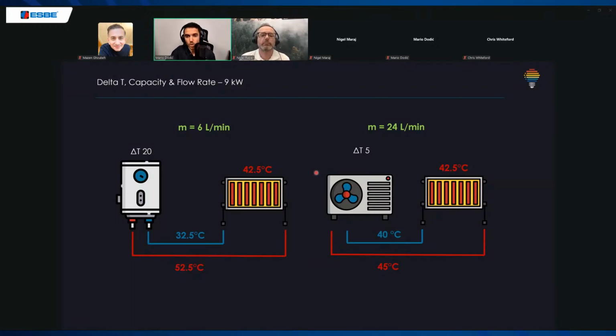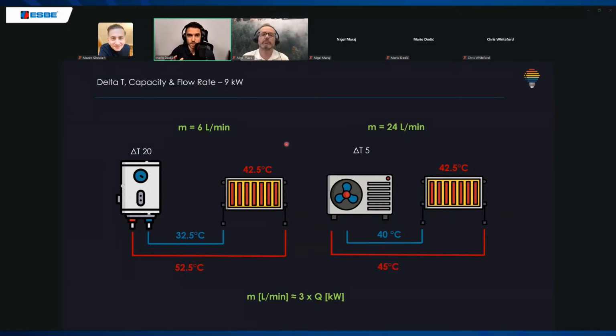And to not go deep into formulas, here is a quick formula for delta T5 and heat pumps. If you want to calculate your flow rate in liters per minute, you multiply your heating capacity by 3. For example, with 20 kilowatts, a big system, you need roughly 60 liters per minute to have delta T5.